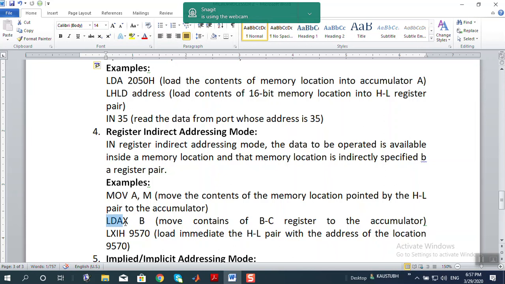So the meaning of this instruction is: move the content of the memory location whose address is in the BC register pair to the accumulator.